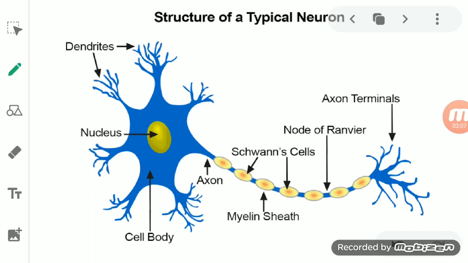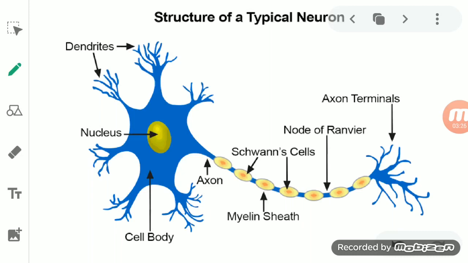So the transmission occurs from one neuron to the other neuron, and by this process the message can be transmitted to the different parts of the body.